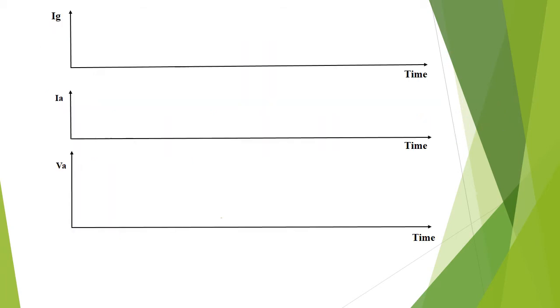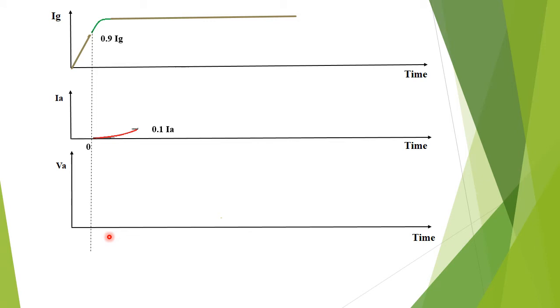Here we will see the waveform for the turn on characteristics of the SCR. This turn on characteristic is also called the dynamic characteristic. Initially the gate current starts increasing. Once the gate current attains 90% of its value, the anode current will start flowing from 0. The anode current slowly rises from 0 to 0.1 IA, that is 10% of its final value.